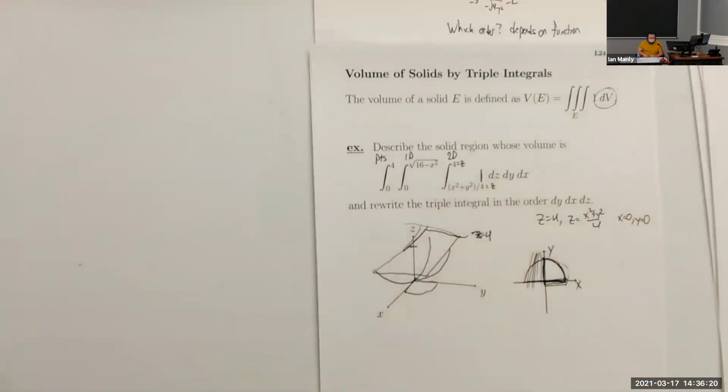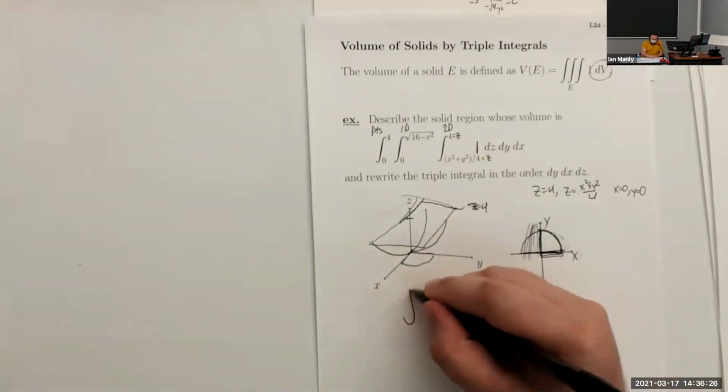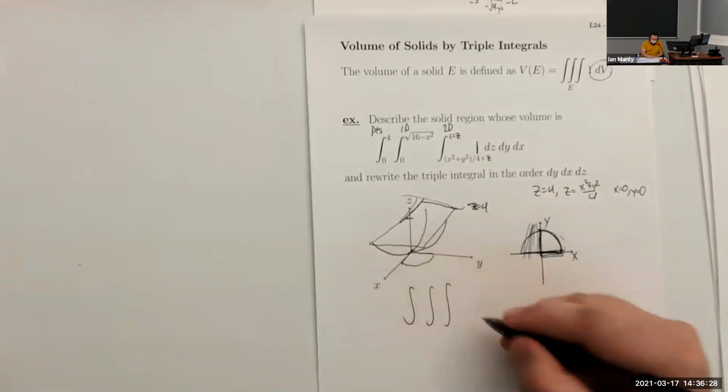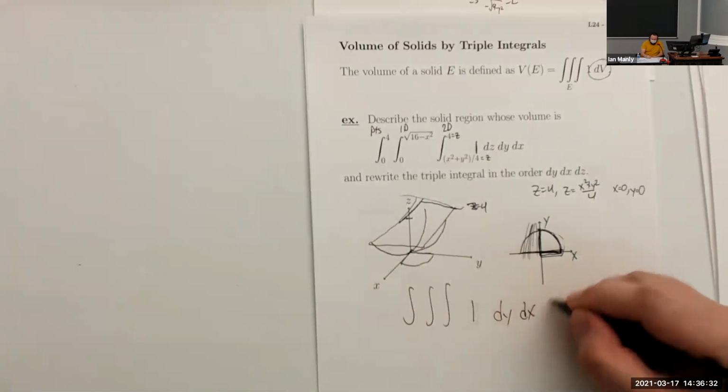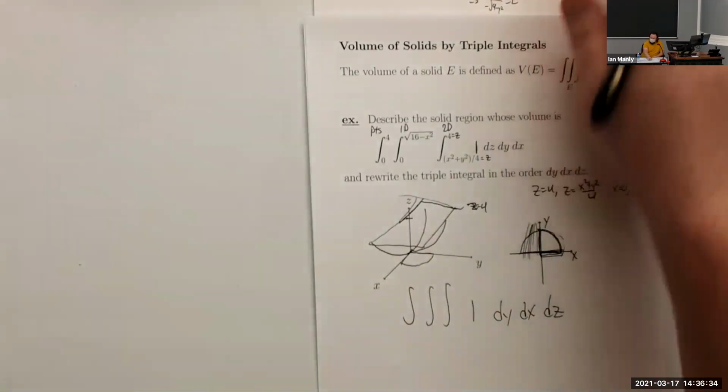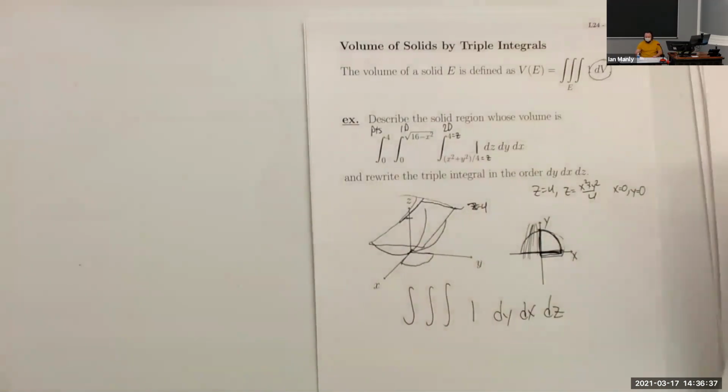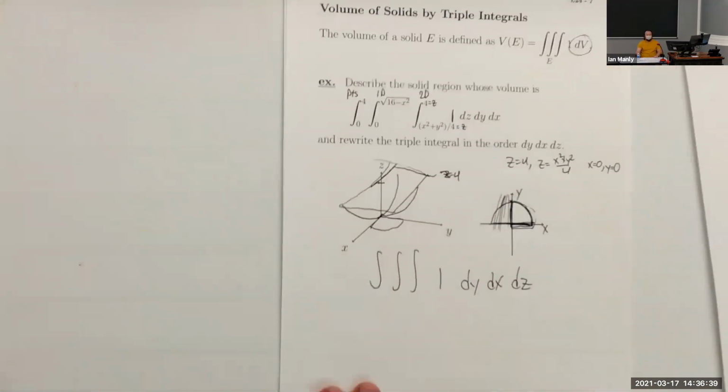So we're in the first octant here. So we're bound between all of these. Now let's rewrite this in the order that I want. So we have the integral of 1 dy dx dz here.